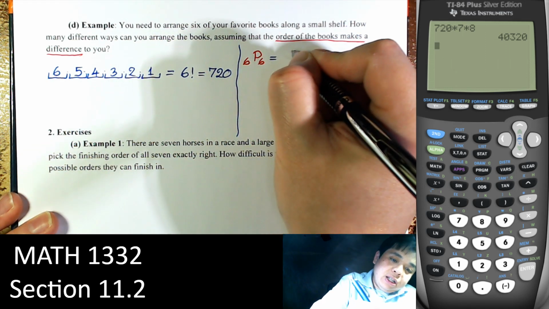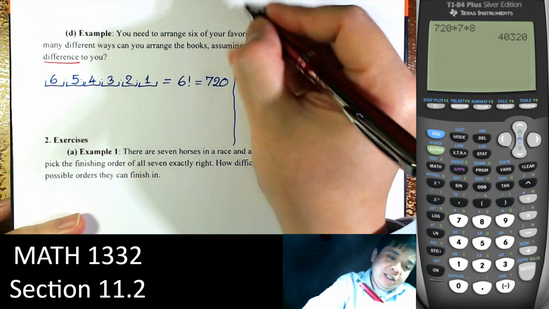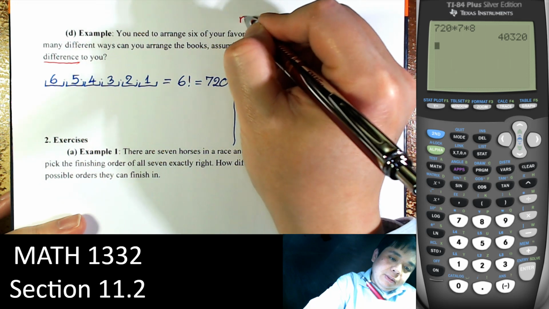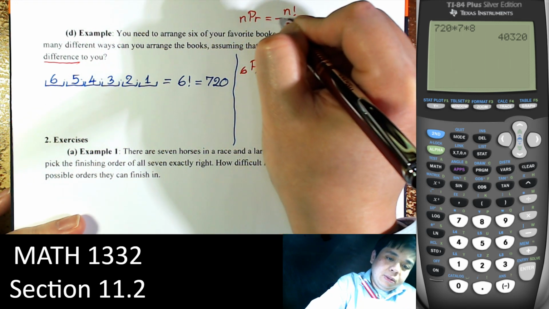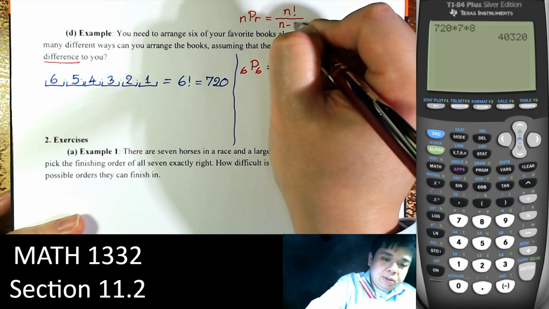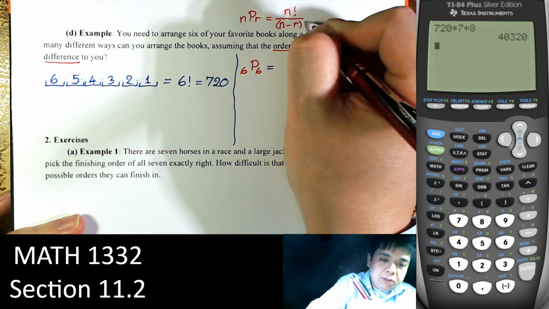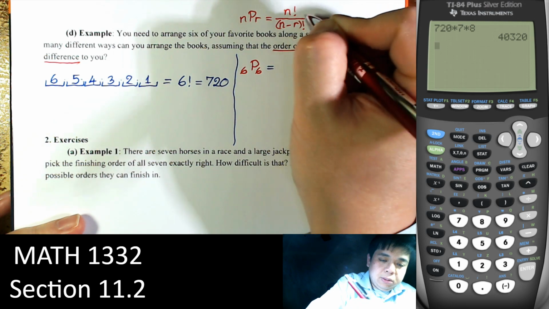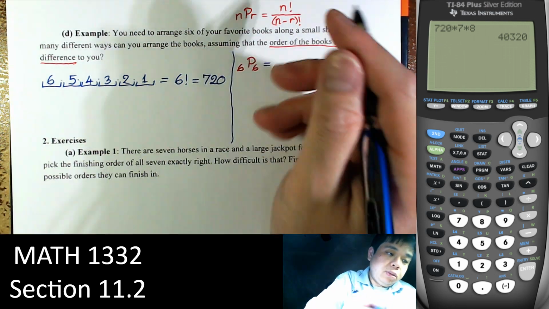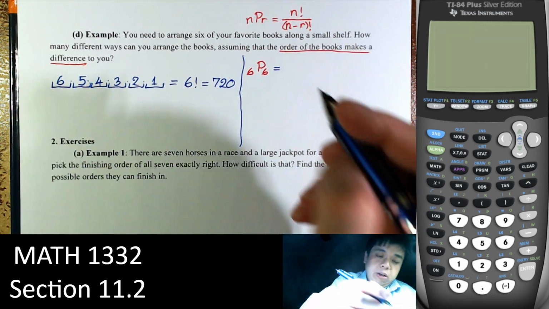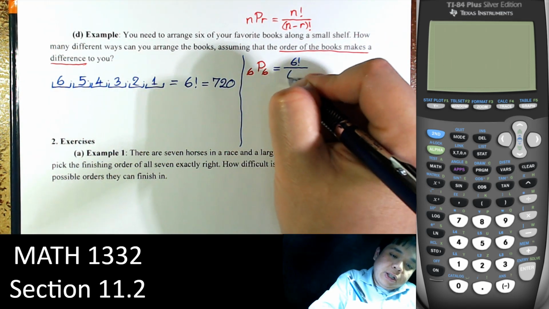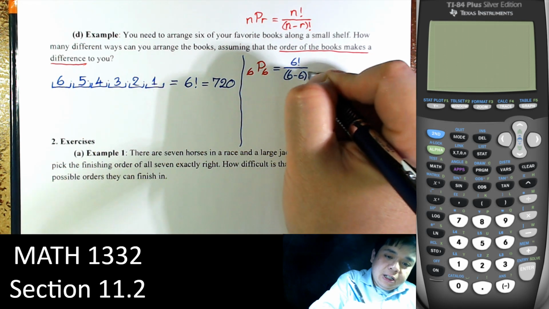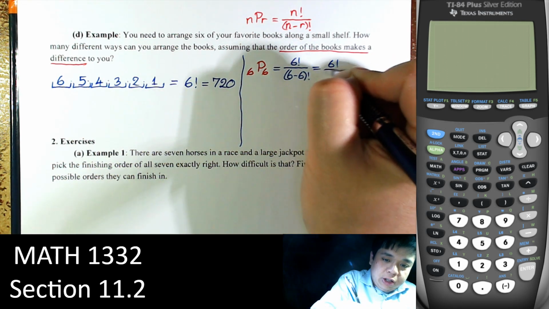The formula gives 6 factorial over 6 minus 6, so that's 6 factorial over 0 factorial.